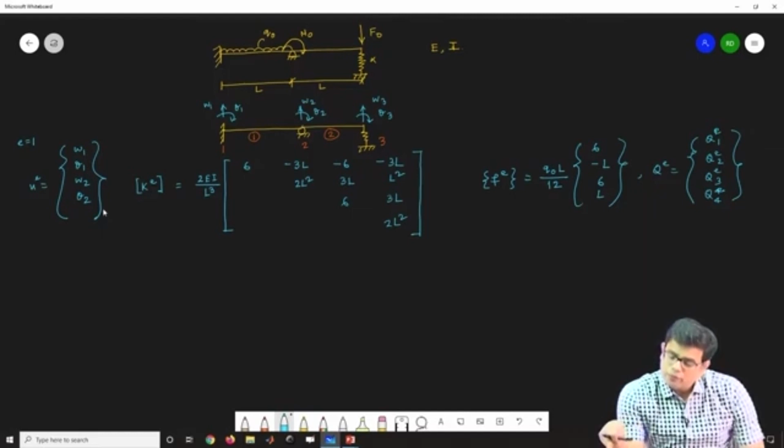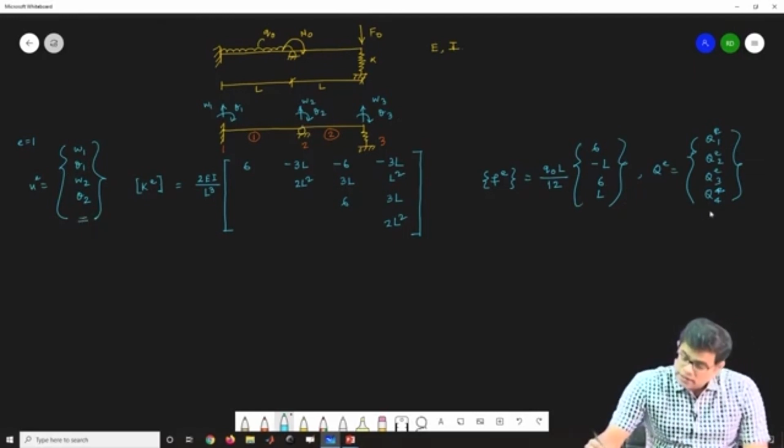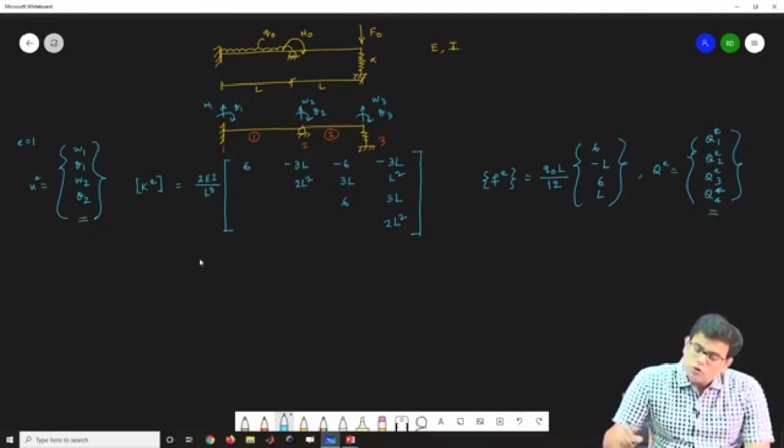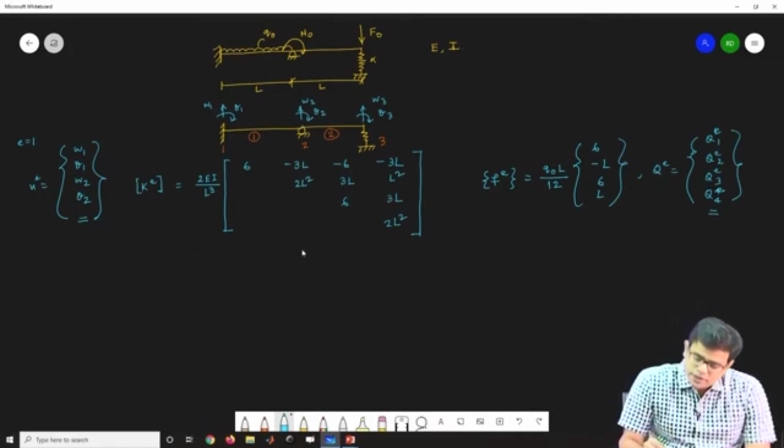So, the quantities that we don't know involve some of these quantities, and we also know the equilibrium equation, elemental equilibrium rather I would say, that is Ke into UE equals to your Fe plus QE.